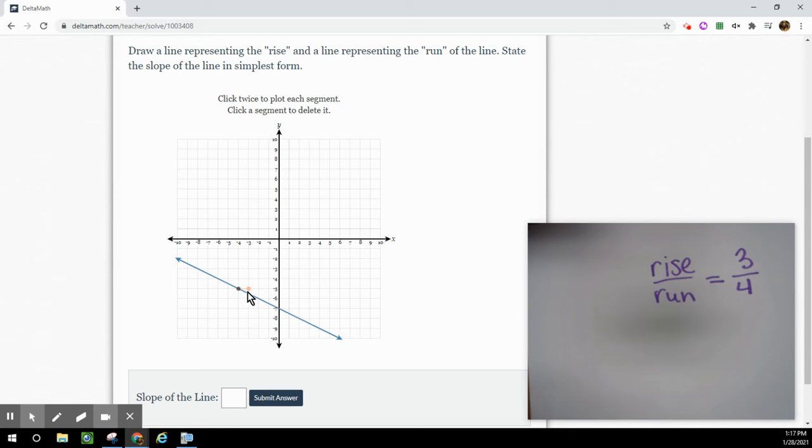Looks like this one goes maybe up to here. So for the rise over the run, it goes down 2, but to the right 4. If we reduce that, that'd be -1/2. They do say simplest form.